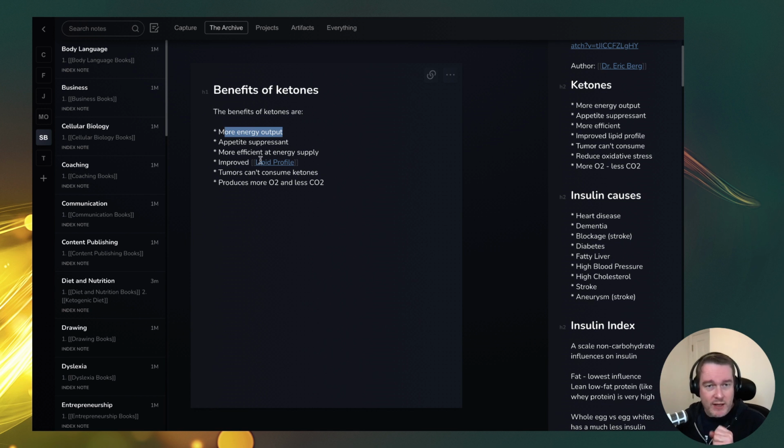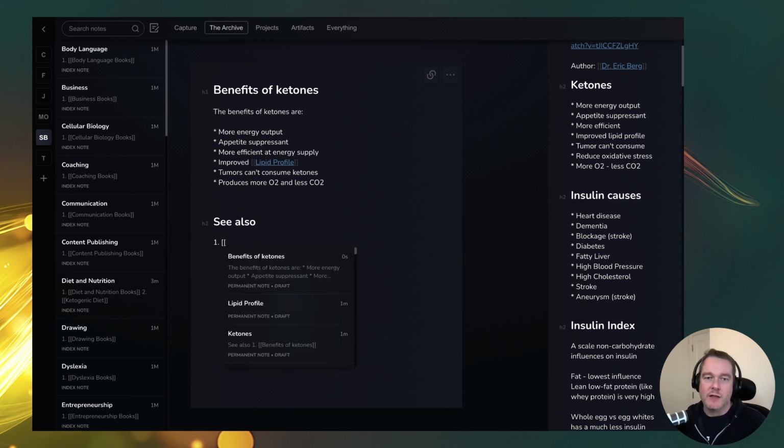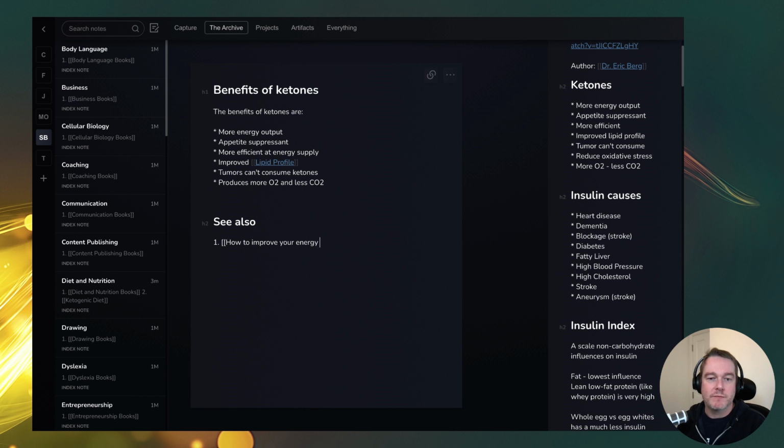Now, the way I look at this, more energy output, I like the idea of now thinking about when would I want to refer to ketones, in what context that benefit becomes surfaced. So for example, let's put a see also, and I'm just going to create a new card here. So how to improve your energy.